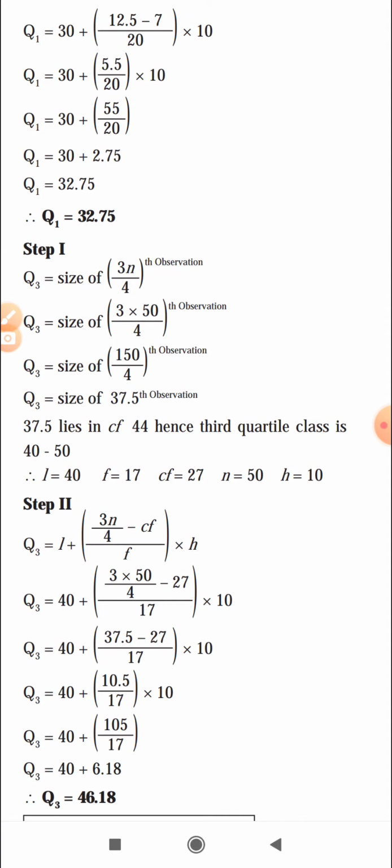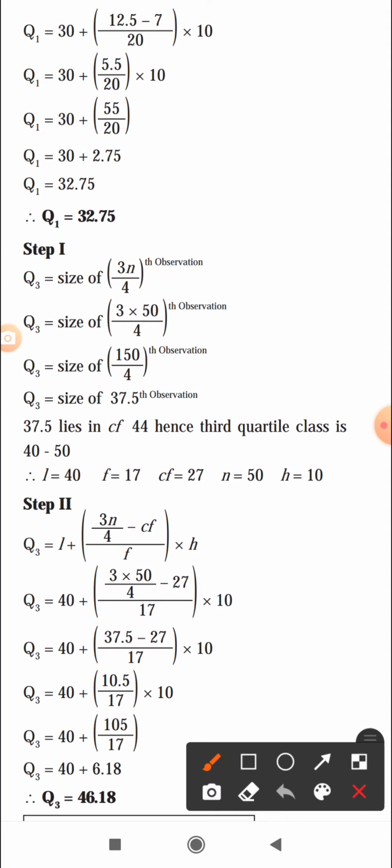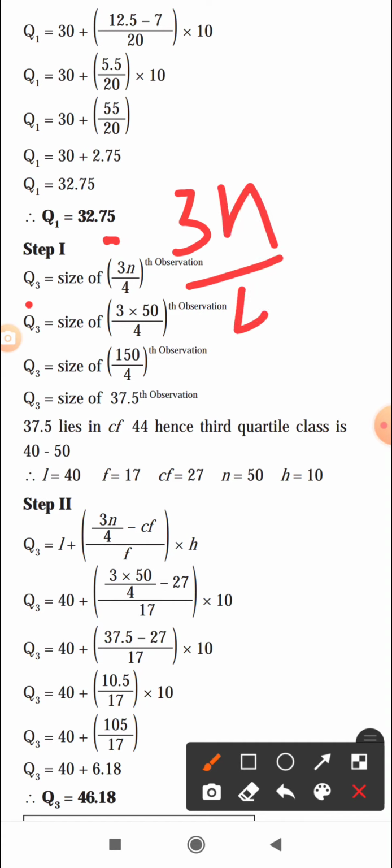So the value of quartile for Q3 is equal to size of 3n. Why do we write 3n here? Because we have to find the value of quartile for the third quartile. That's why we write 3n upon 4.